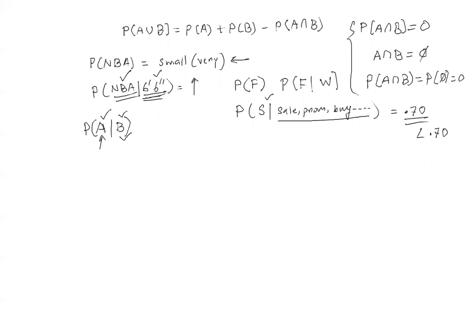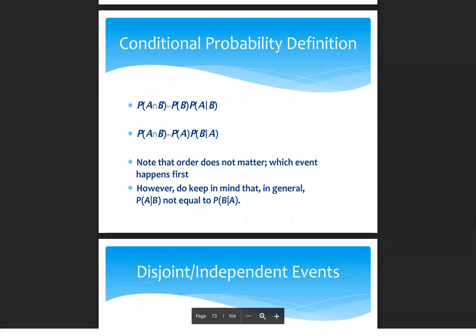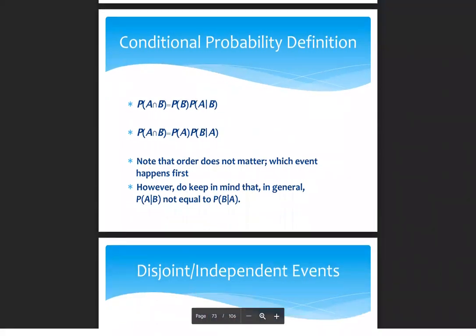Having said that, let's go ahead and talk about the probability of A and B. Let's see where we are in the notes. Conditional probability. Okay, let's define these things first. I'll write it out here.